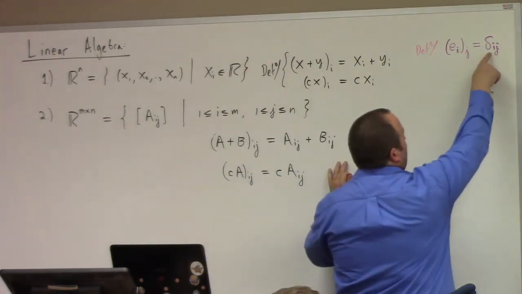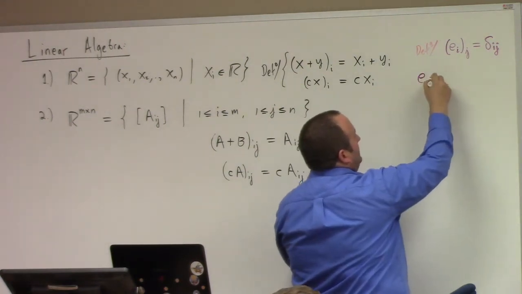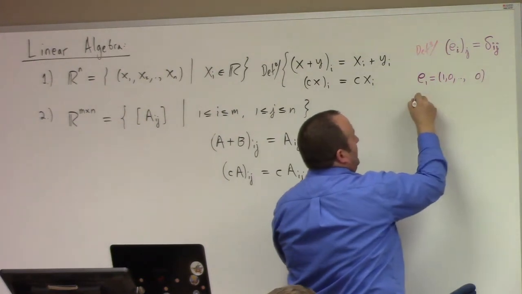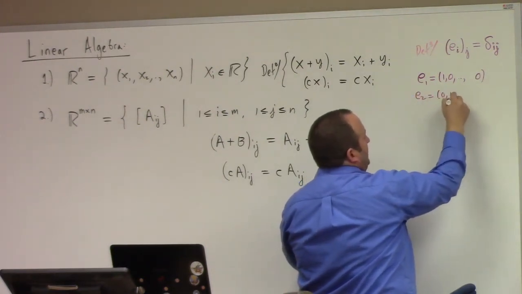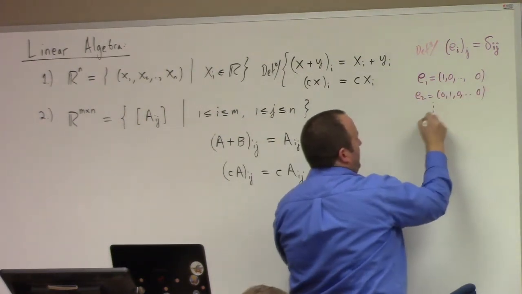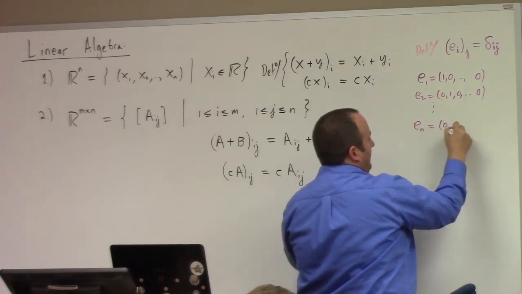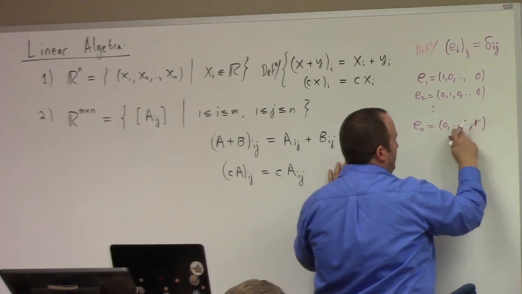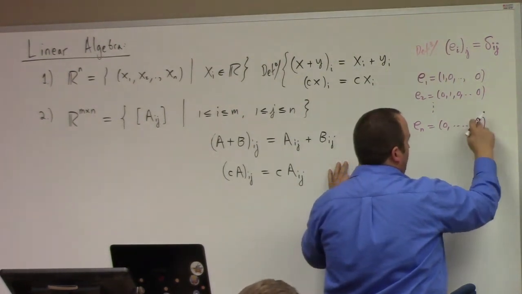So, all right, E1 is 1, 0, 0, and E2 is 0, 1, 0, and so forth, up to En. These are column vectors. It's just my notation to write them as this.